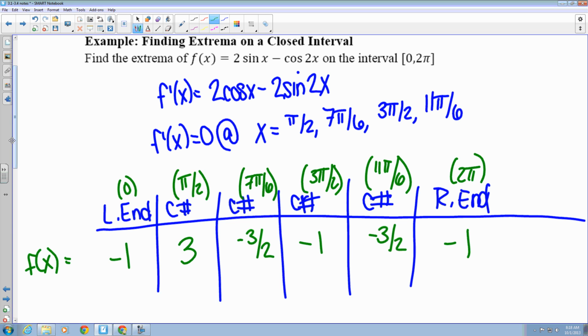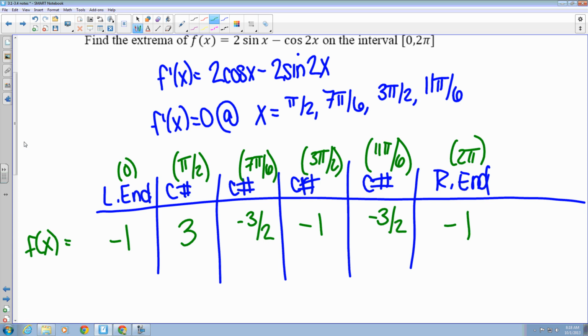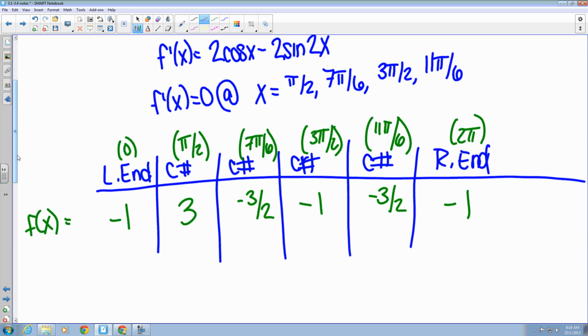If you use the decimal approximations instead of the exact pi answers, you will get probably really close to those, but you might not get exactly -3 halves. Just be really close. So now we're looking for whichever one is the smallest and whichever one is the biggest. Well, the biggest is easy to find. That's the 3. Max at pi over 2, 3.